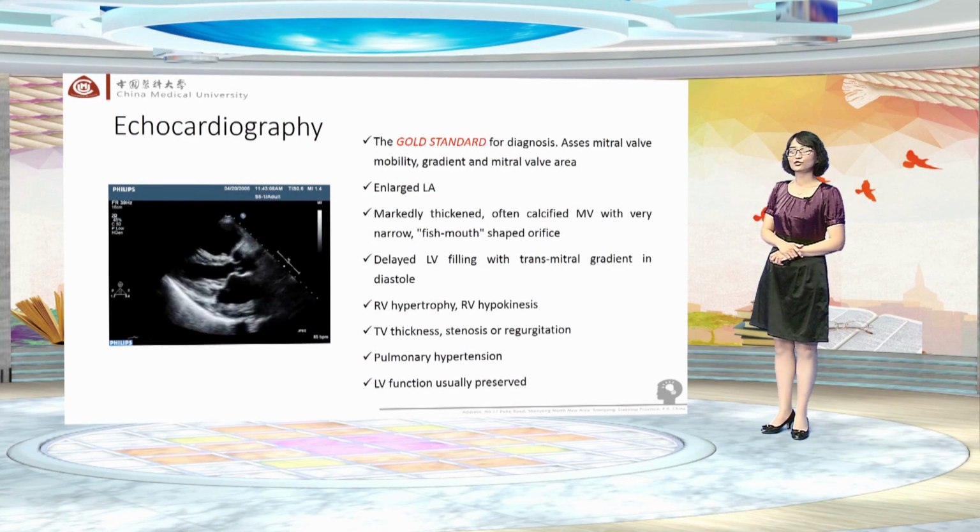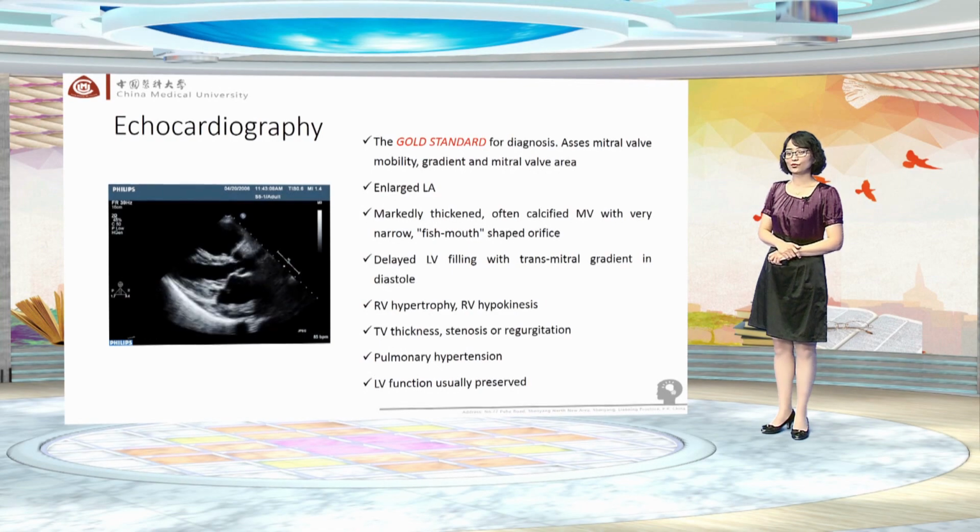This is the video of echocardiography. The typical change of the mitral valve is thickened and often calcified with a narrow fish mouth shape, and the left atrium becomes enlarged.